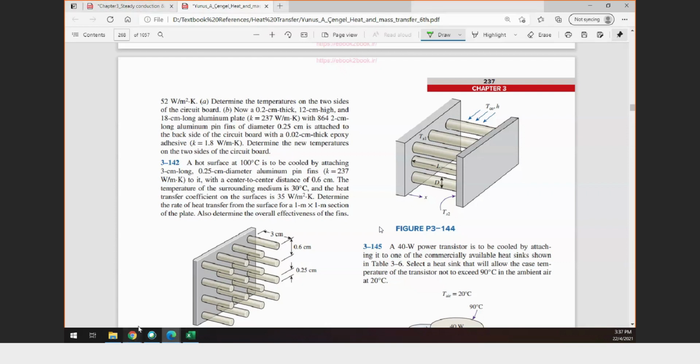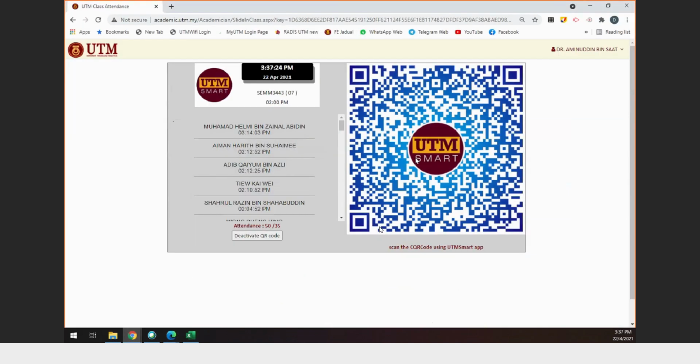I believe you can get a good understanding of how conduction analysis is performed, from simple systems like a plane wall, then cylindrical, then spherical, and lastly the application to the extended surface or fin.